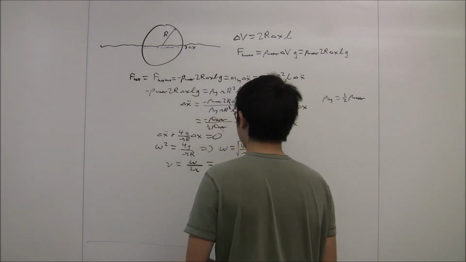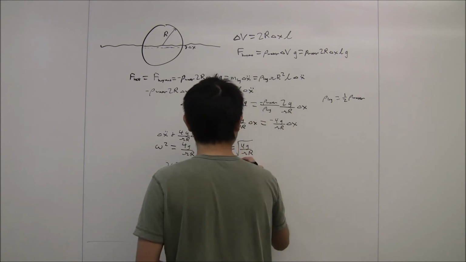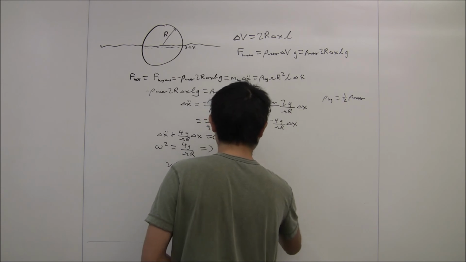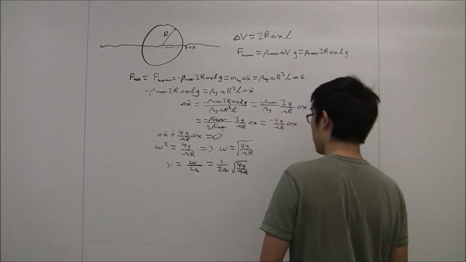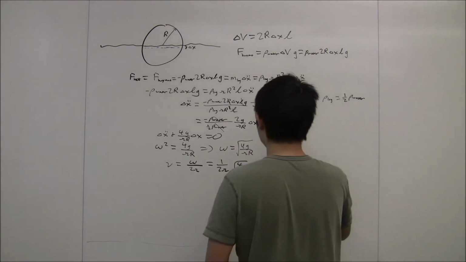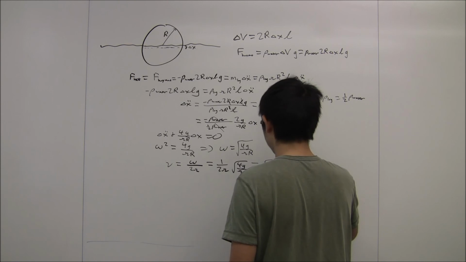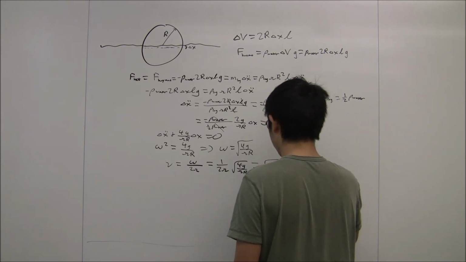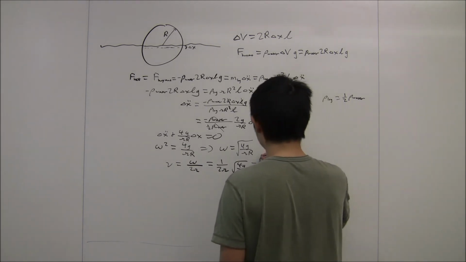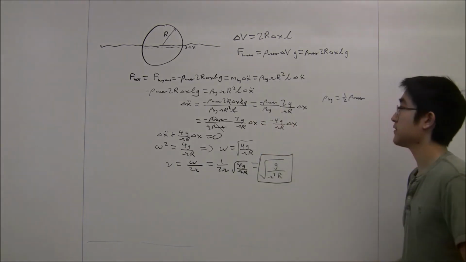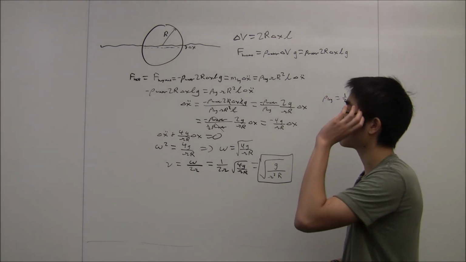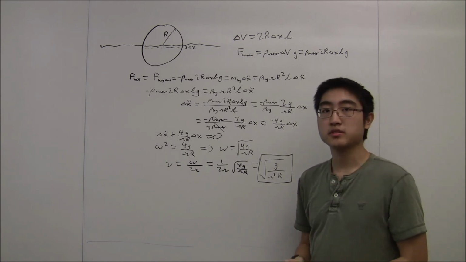So that's going to be equal to 1 over 2 pi times the square root of 4g over pi big R, which simplifies to the square root of g over pi cubed times big R. So that's our final answer for the frequency of oscillation for the log when it's displaced a small distance delta x.